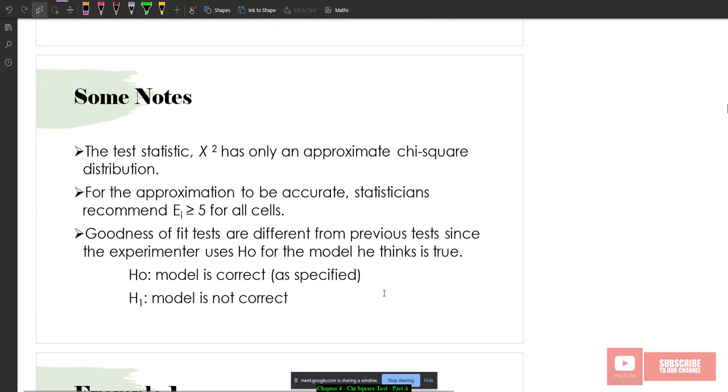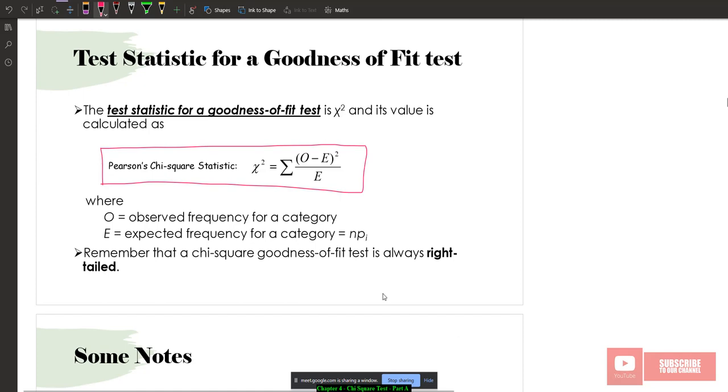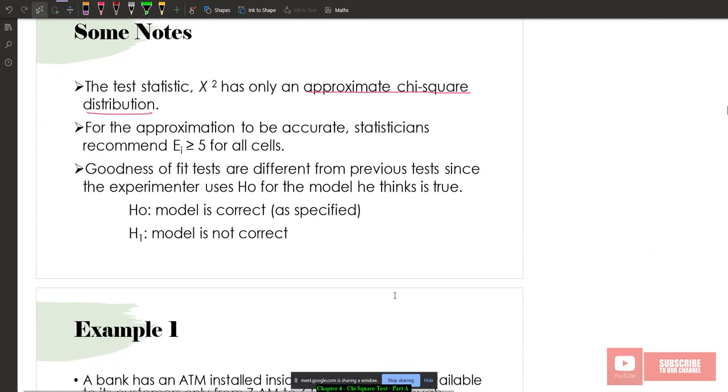So some notes before we go to example number 1, right? The test statistic chi-squared only approximates a chi-square distribution, right? So for the Pearson chi-square statistic, this formula is only recommended when the expected value for each outcome is more than or equal to 5, right?